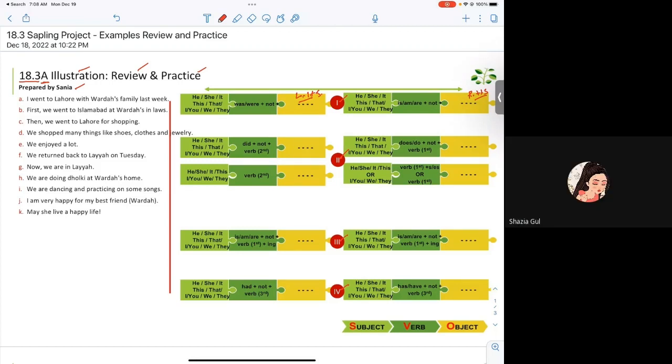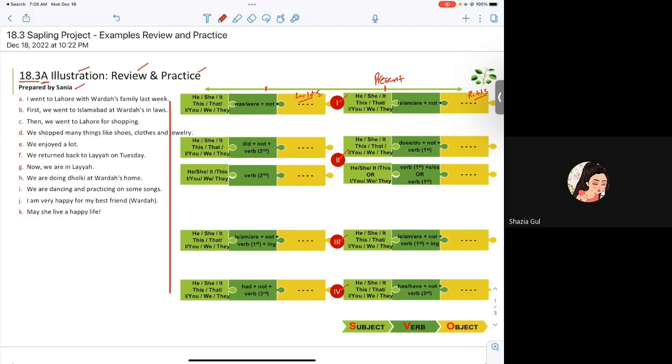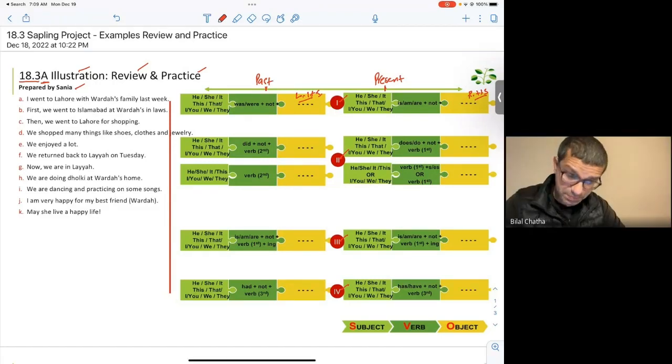Sir, right-hand side sentences are present. Okay, they are in the present form. The left-hand side are? They are past. Very good. The past form.